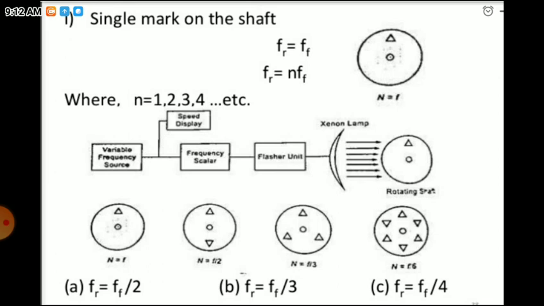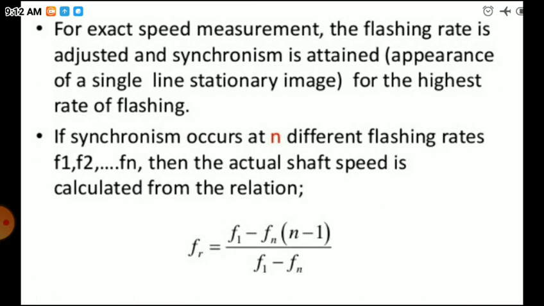Now the shaft speed is given by n equals, you can see here, f1, f2 up to fn. So these are the different flashing frequencies for which the single line image is obtained.